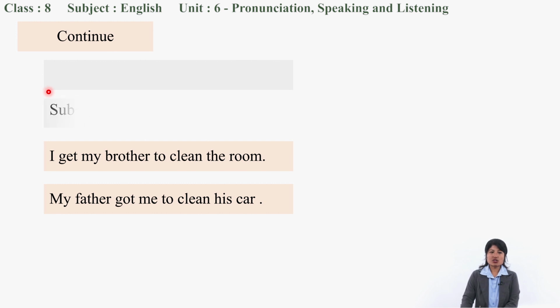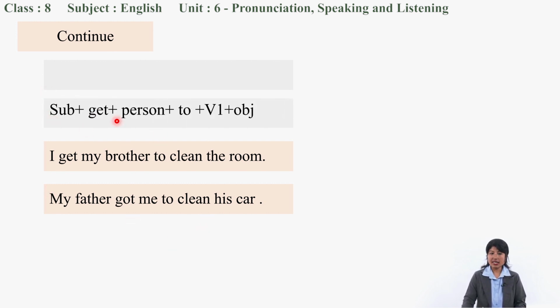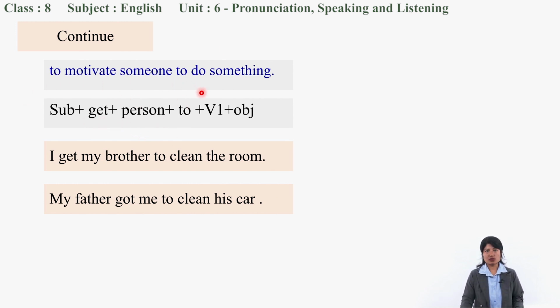And the structure of these sentences: subject, get, then the person who does the work, and to plus the first form of the verb, and the remaining object we write. And the function, when do we use it? We use it to motivate someone to do something. Okay, this is motivating.